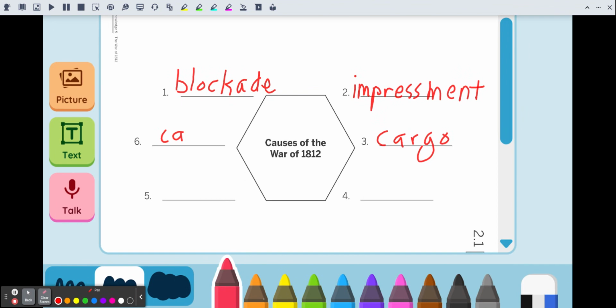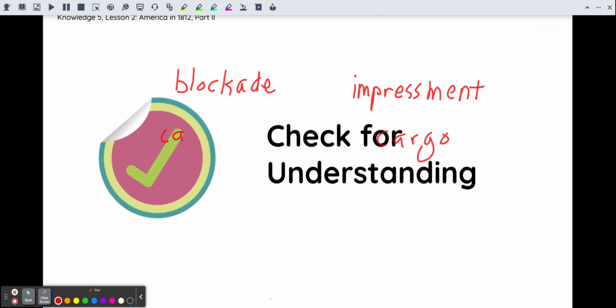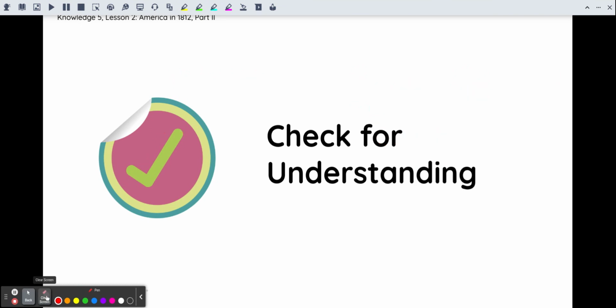Name the war fought between France and Great Britain at this time. If you said Napoleonic Wars, you are correct. Okay, so we will save this page because we will come back to it in another lesson.